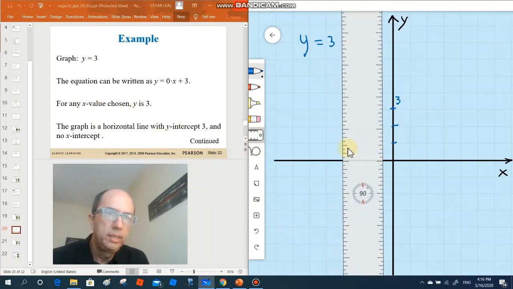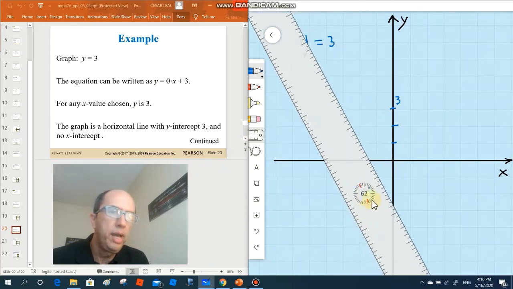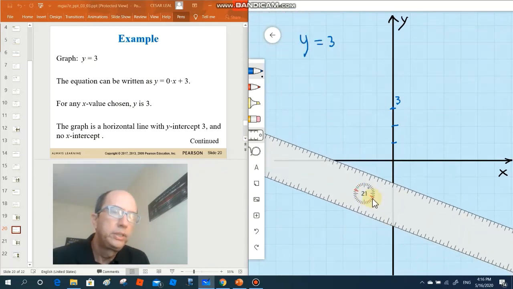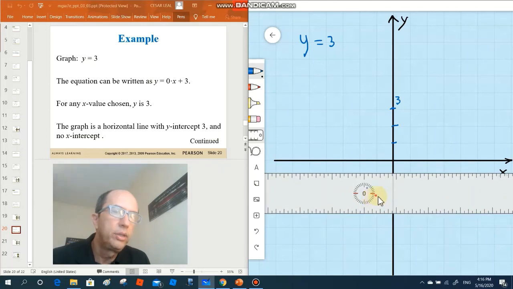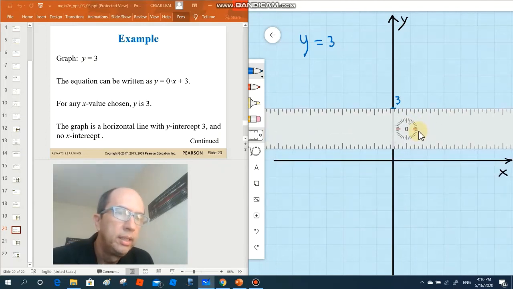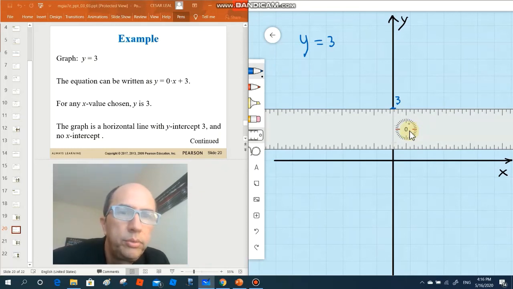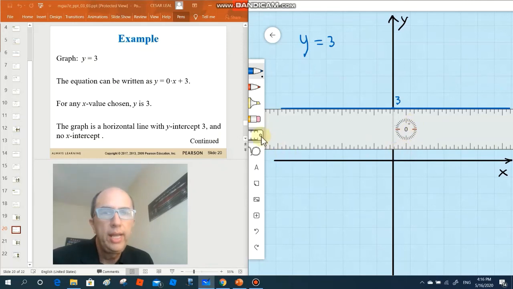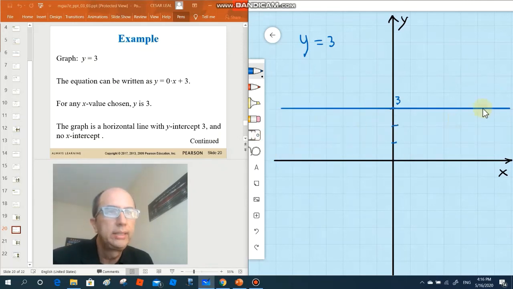That means this graph is going to be a horizontal line, going through y equals 3. For any x, y is always going to be equal to 3.